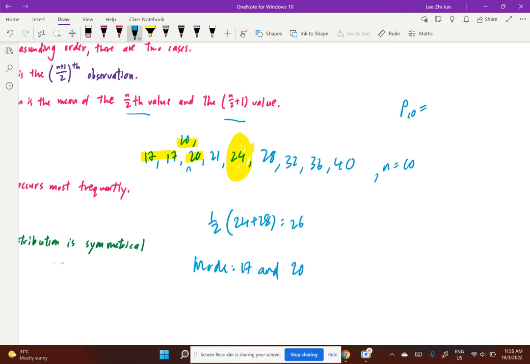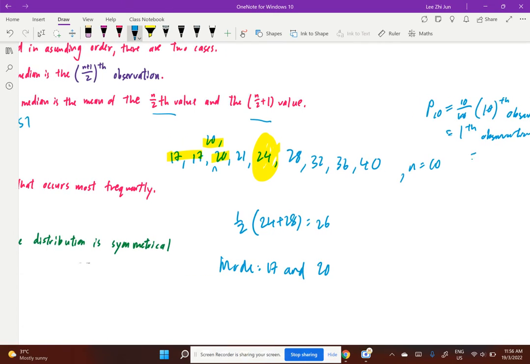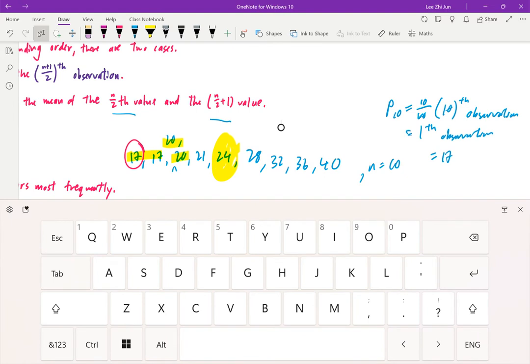The 10th percentile will be calculated as 10 per 100 times the total 10 observations. This will be the first observation, which is 17, here. This is what the percentile means.